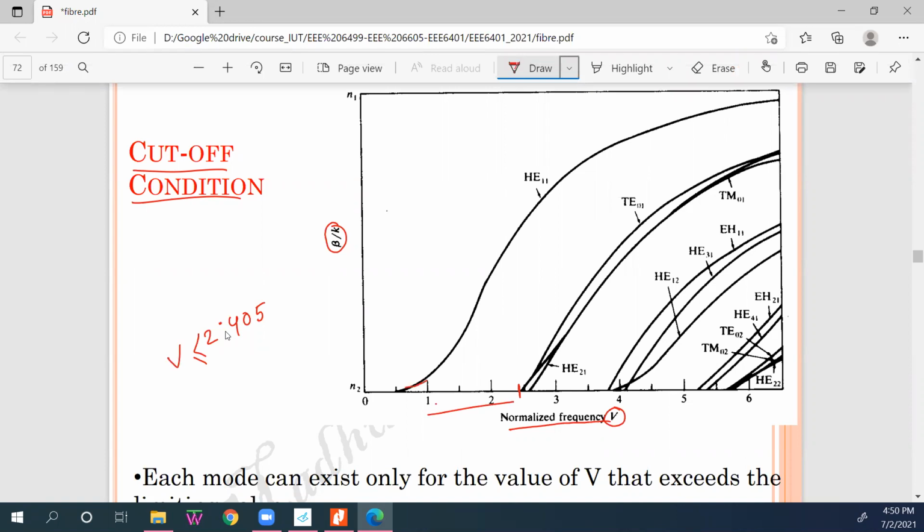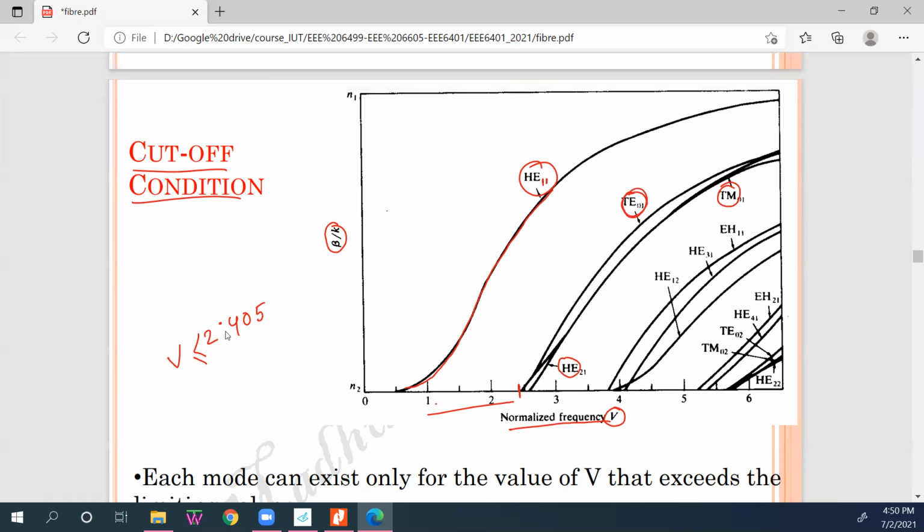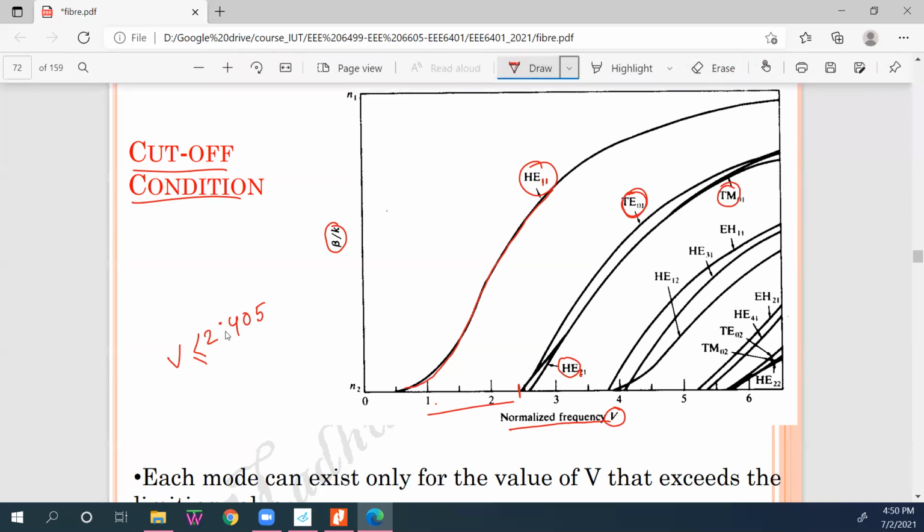You see, single mode, one mode comes, HE11, the hybrid electrical 1 mode. After that, 3 modes come: 1, 2, 3. Transverse electrical 0,1, transverse magnetic 0,1, and hybrid electrical 2,1 modes come. It means if you can maintain your V parameter below this value, then you will have a single mode fiber.